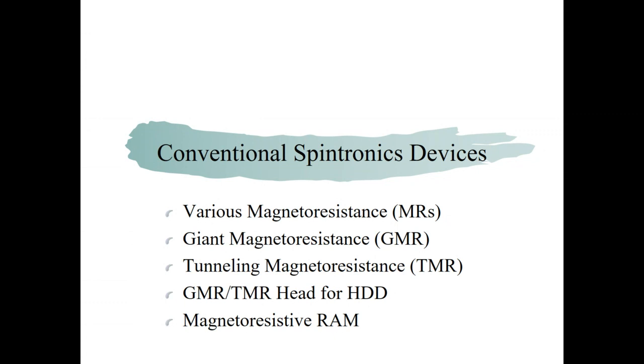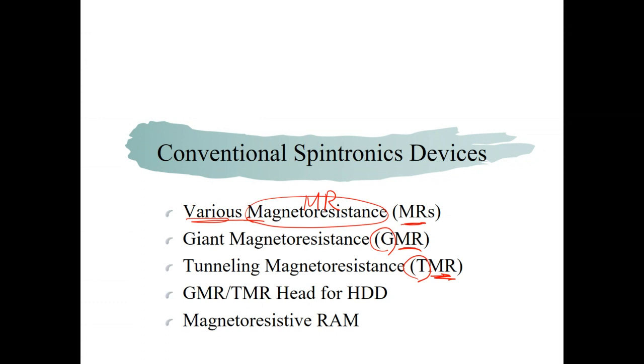Okay. At the end of the Stoner-Wohlfarth model, I slightly mentioned the MRAM structure, but there are many things you have to understand to understand MRAM. So in this next chapter, I want to talk about the various magnetoresistances called MR. And as you see here, there are many MRs. It's called GMR, or another important one is TMR.